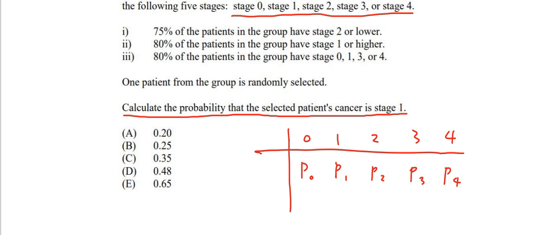So we just use the conditions. For the first condition, 75% of patients in the group have stage 2 or lower.